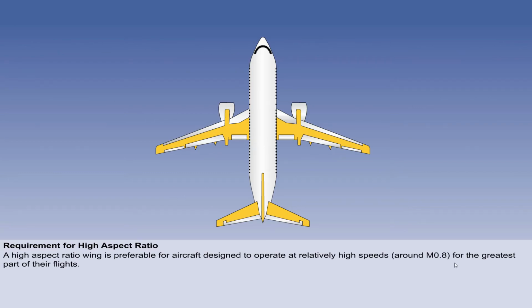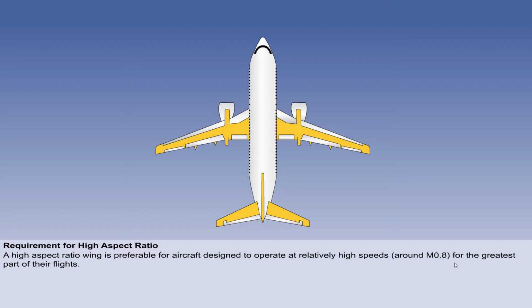From the factors just discussed, and particularly the last, aspect ratio, it can be seen that a high aspect ratio, that is, a fairly long, narrow wing, is preferable for aircraft designed to operate at around Mach 0.8 for the greatest part of their flights, as are conventional high-speed jet transport aircraft.